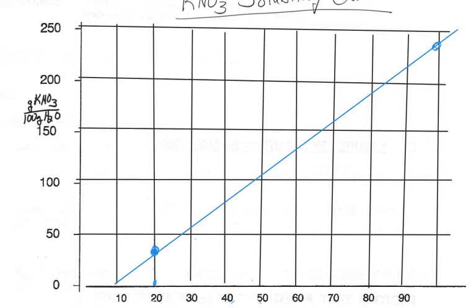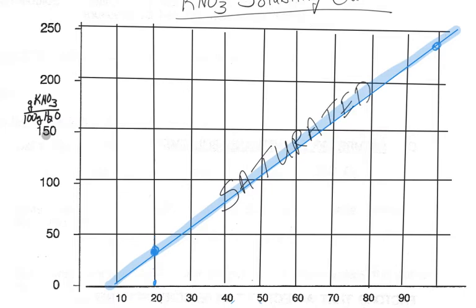And of course, the solubility curve shows us the maximum amount that can dissolve in 100 grams of water at various different temperatures, which means that any solution that lies on the solubility curve is going to be a saturated solution. So what happens if a solution does not touch the curve?